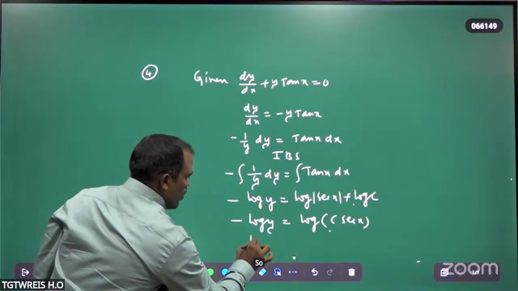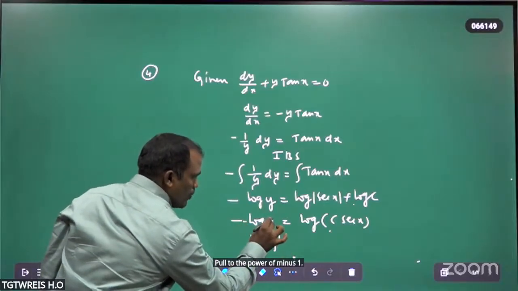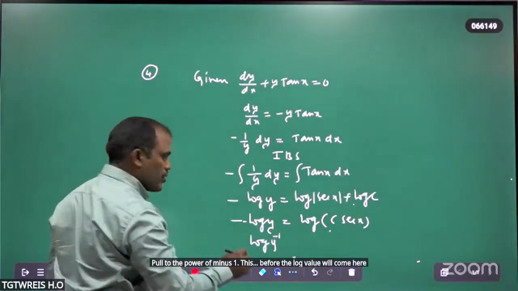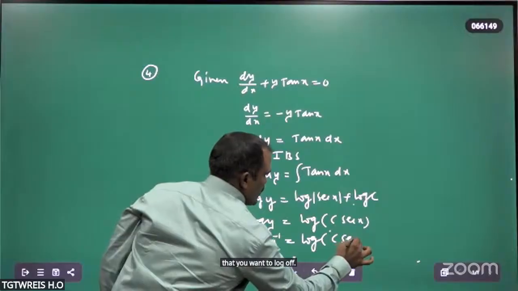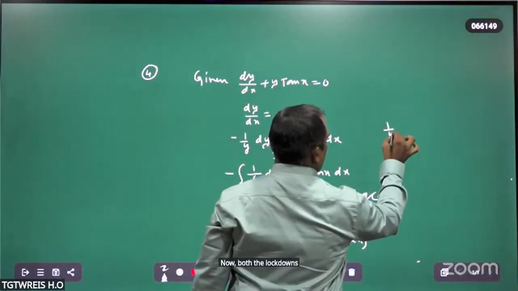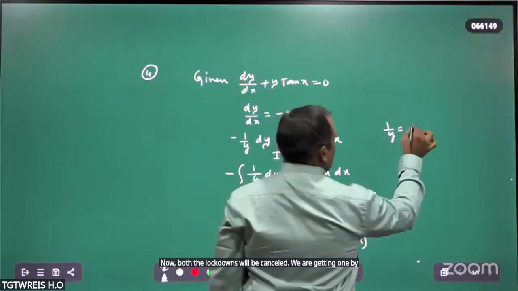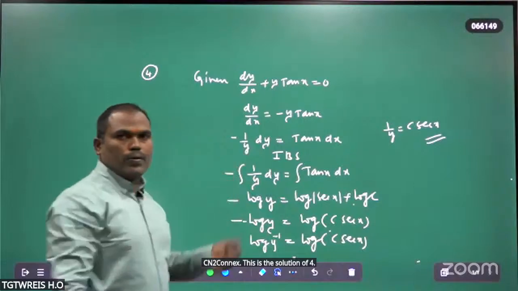So log y to the power of minus 1, the minus 1 comes as a power of y, equal to log of c into secant x. Now both the log terms will be cancelled. We are getting 1 by y equal to c into secant x. This is the solution of this problem.